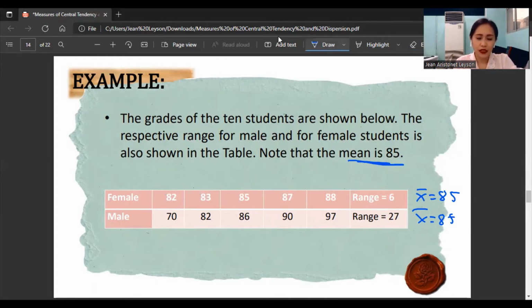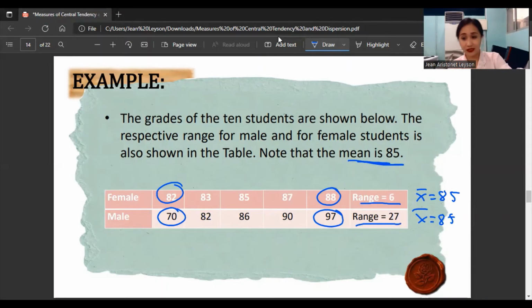for the female, the highest grade is 88 minus the lowest grade, which is 82. Therefore, the range is 6. Now for the male students, the highest grade is 97 minus the lowest grade, that's 70. Therefore, the range is 27.